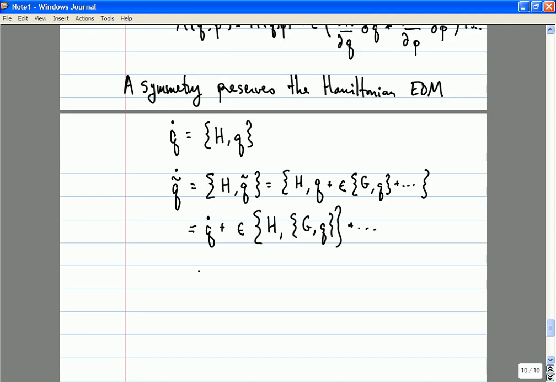And we can now use the Jacobi identity, which is the fundamental identity obeyed by Poisson brackets, commutators, and the like, to rewrite this as epsilon times the Poisson bracket of G with the Poisson bracket of q with H plus the Poisson bracket of q with the Poisson bracket of H and G. Sorry, I should say Poisson bracket, not commutator.